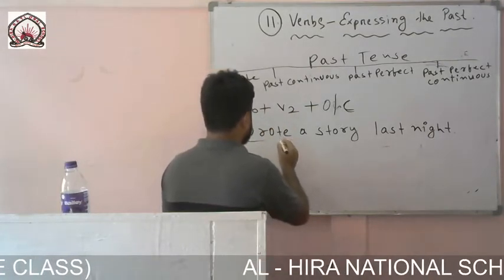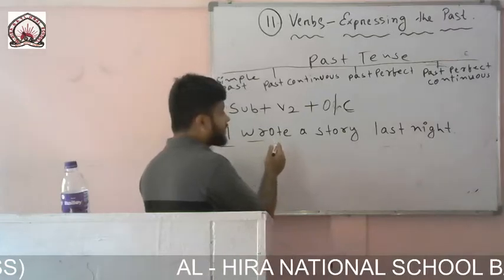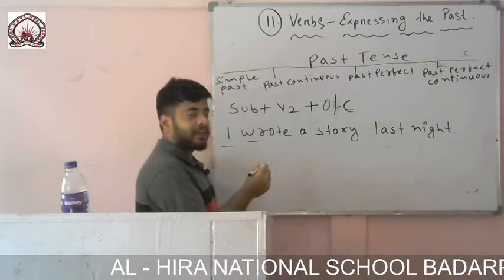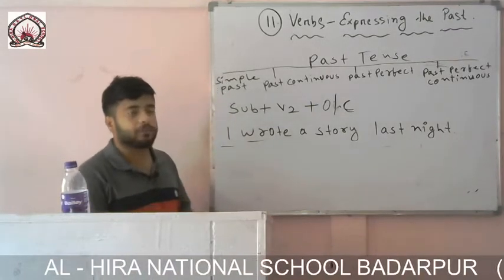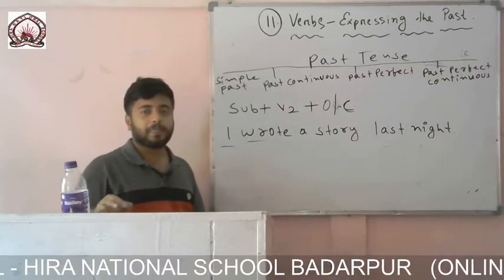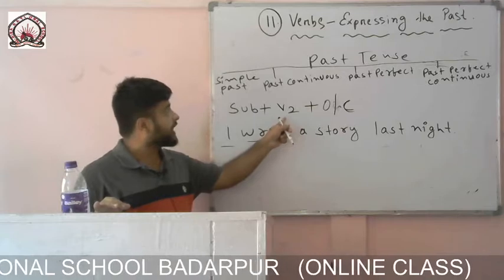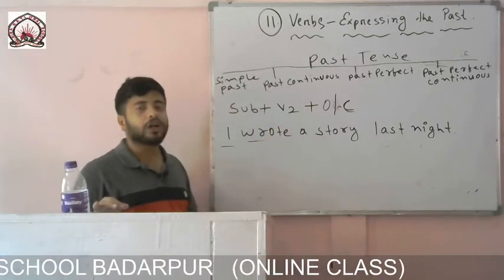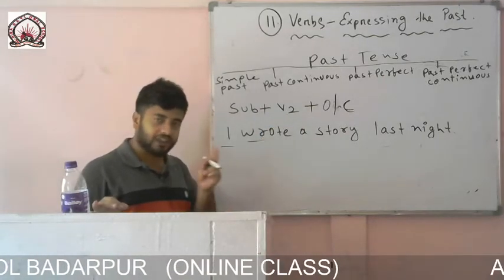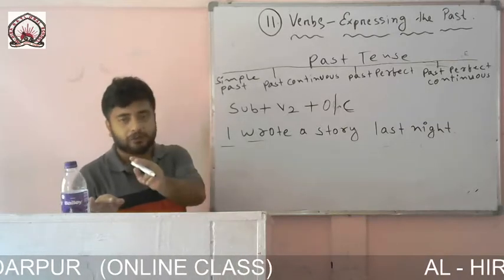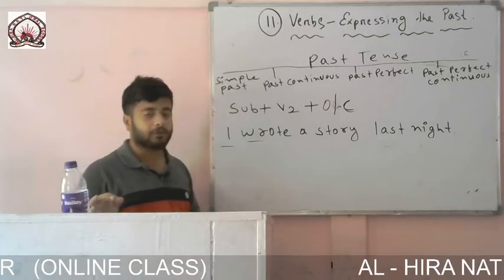Wrote is the second form of the verb write. We know verb has three forms. In simple past, we have to use the second form of the verb, not first form, not third form.